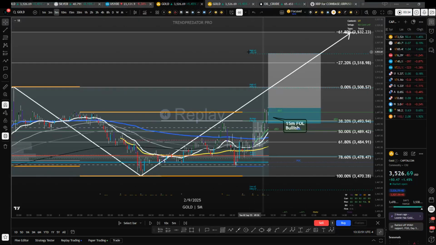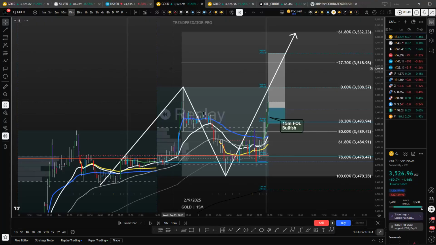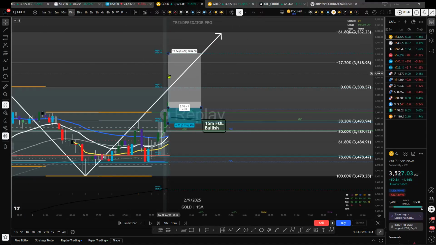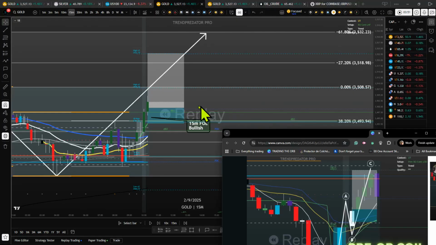But this is directly out of the playbook that I've put together, which is out there in the TrendPredator channel on our server at FXStreet. I'll just bring it across. So this is one of the setups.